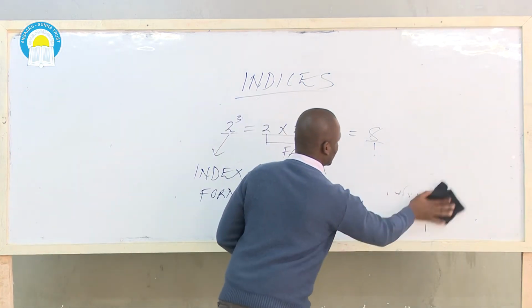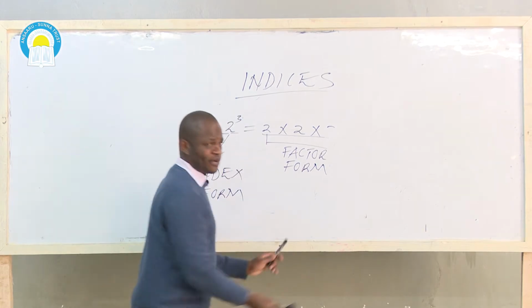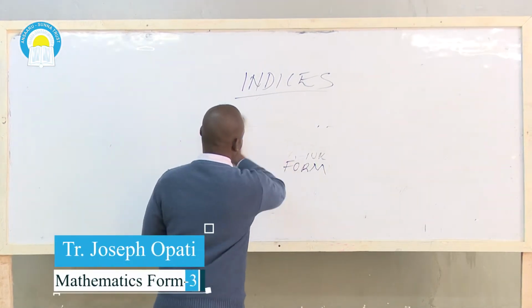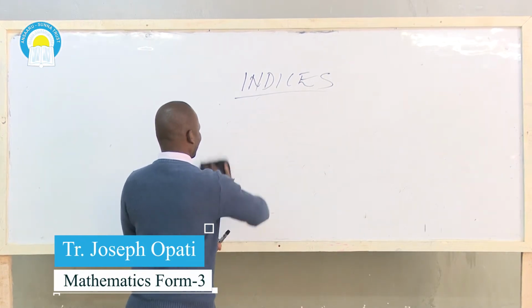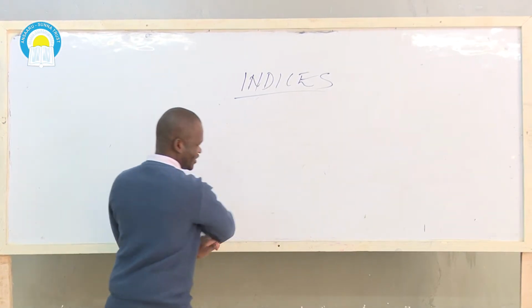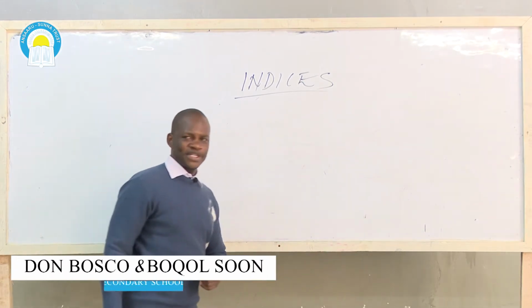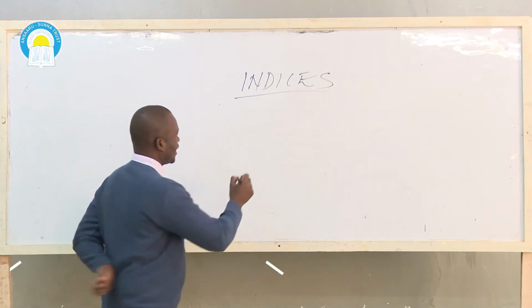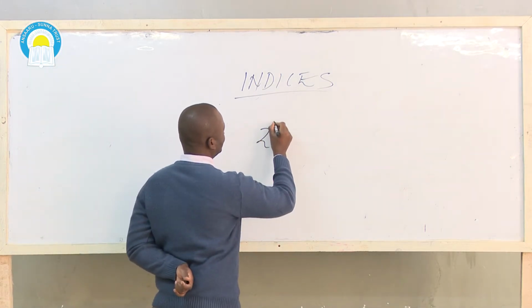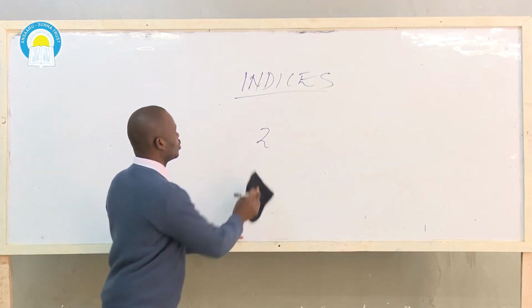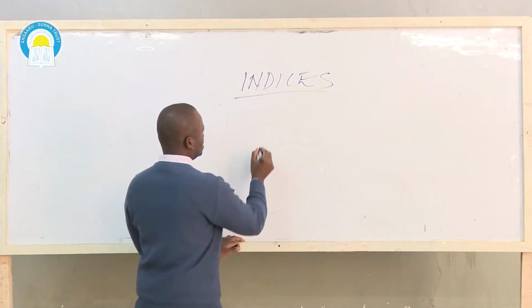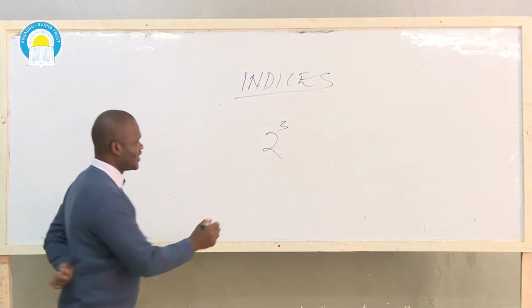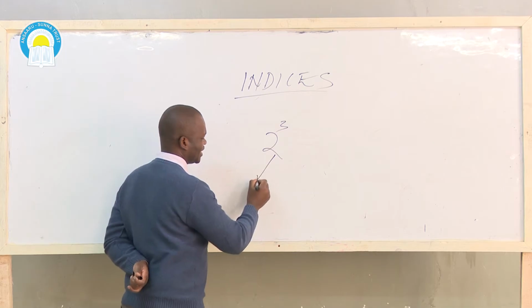Now you write: a number in index form has two components as shown below.